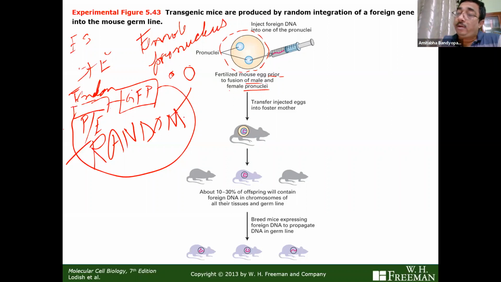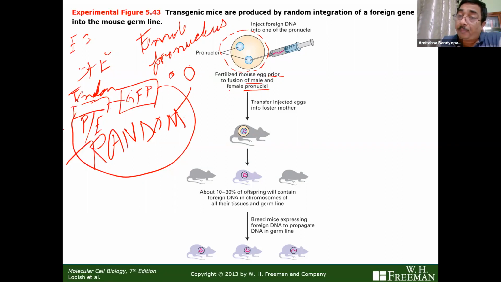There is no guarantee exactly where in the genome it will go, neither is there a guarantee how many copies of the DNA will go. So it is a little bit like shotgun fire. It's not a sniper rifle. Your sniper rifle is your knockout or knock-in. This is like a shotgun.